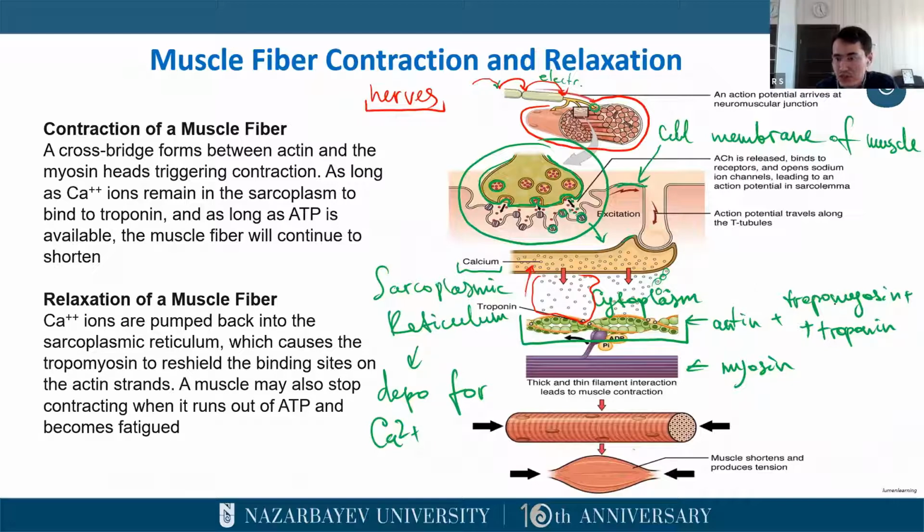So our troponin loses its binding with the calcium, and in this case, the tropomyosin will return to its inactive state, so to its previous 3D conformation, and will close these binding sites of the actin.